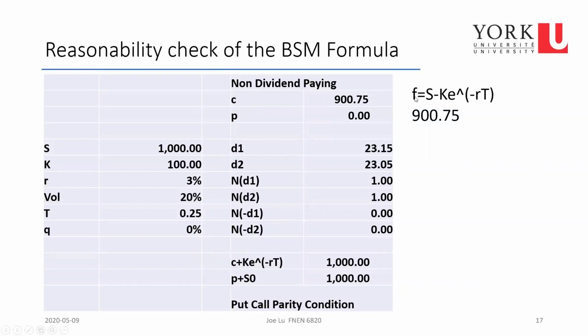And if you just calculate it by hand, S minus this thing here, you get exactly the same number. And you will have 0 for the put. So that checks out as well.